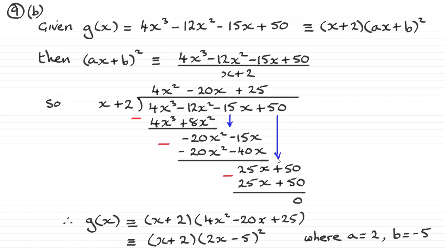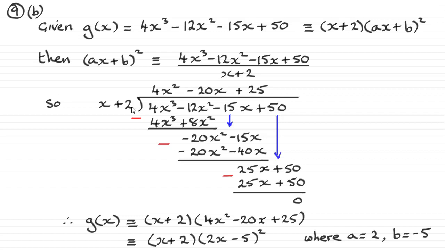What do you have to multiply the x by to get the 25x? And it's just 25. So you do 25 times x plus 2 gives you 25x plus 50. And you subtract, and that's great. You get 0 remainder, which is what you would expect, if we're to show that this is, or knowing that x plus 2 is a factor.